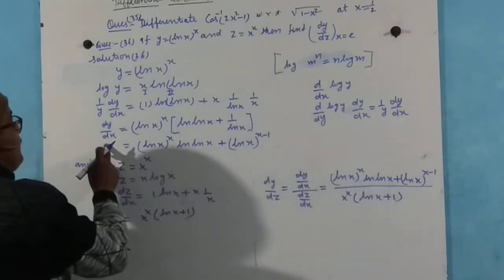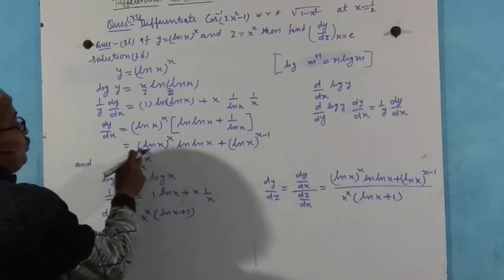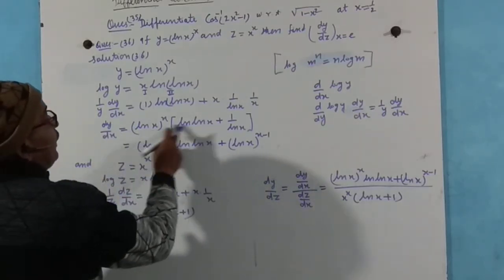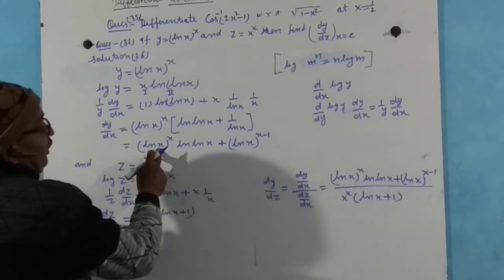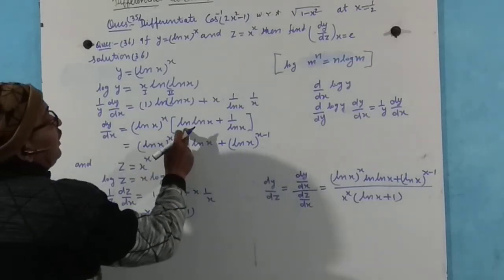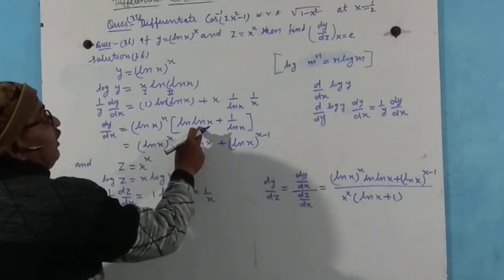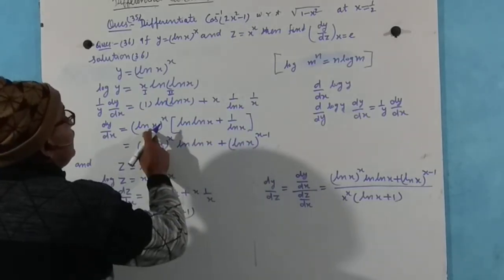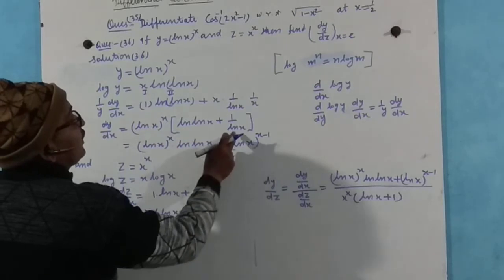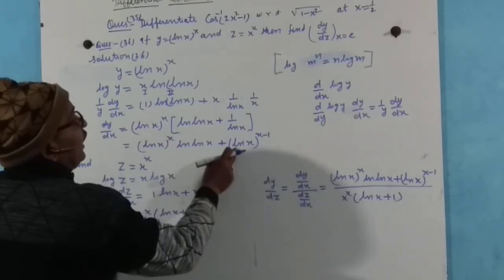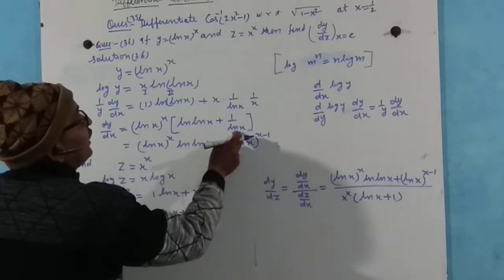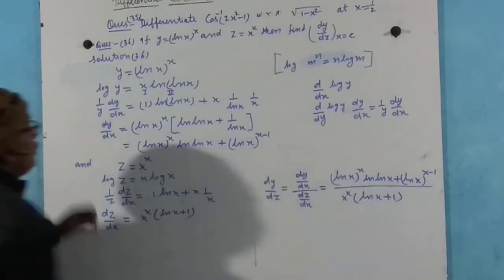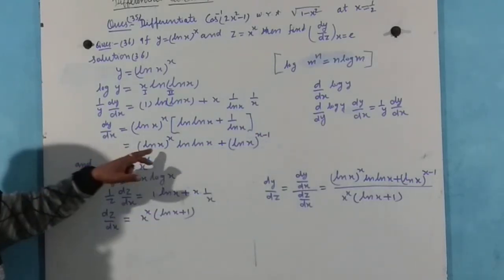Now dy by dx equals log x to the power x times ln of ln x plus 1 by ln x, so that dy by dx is equal to this.